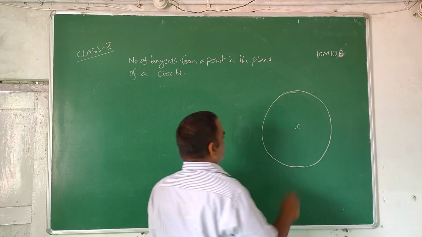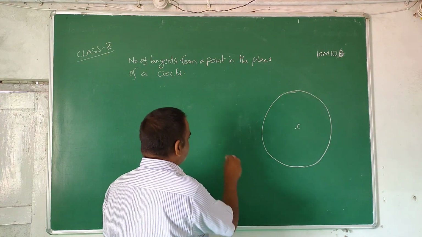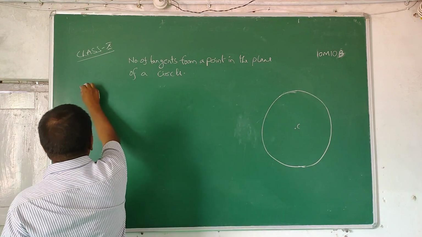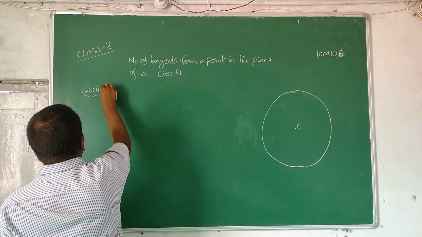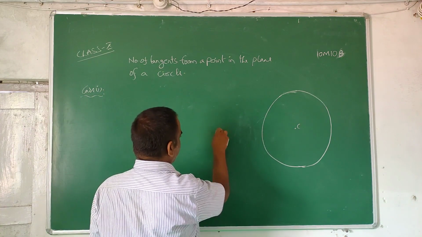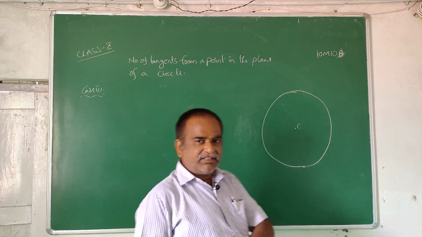See, this is the center of the circle. Now I am taking as a first case, case 1, that point P as an exterior point of the circle.